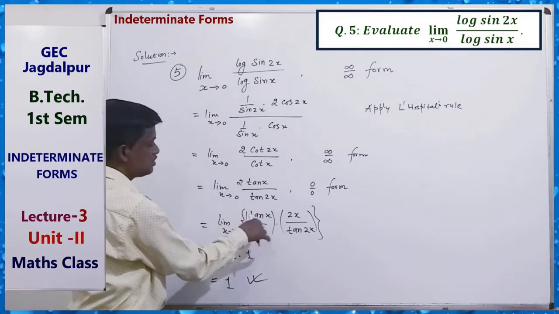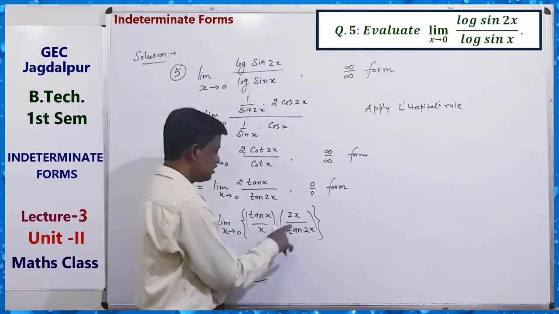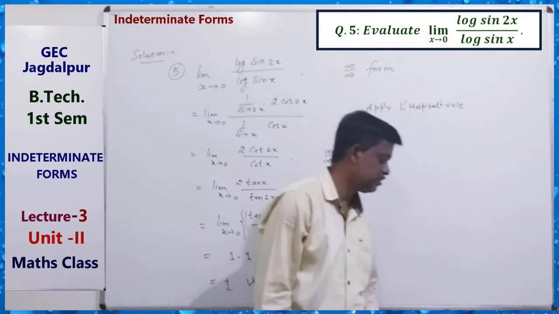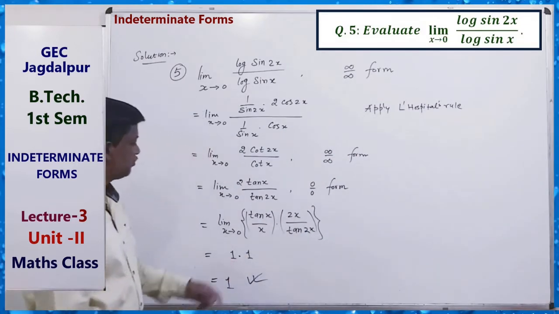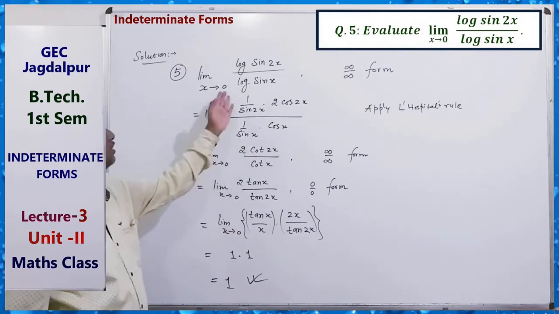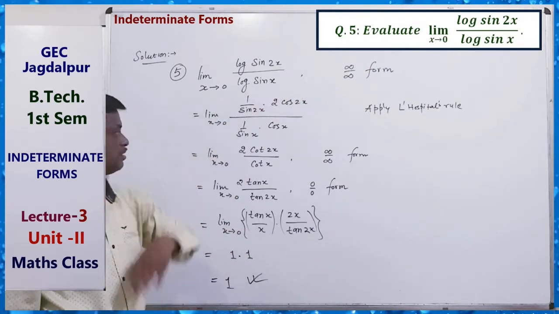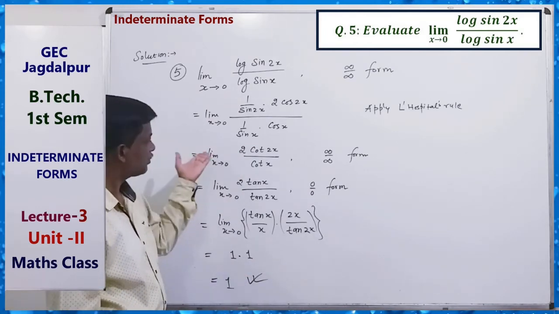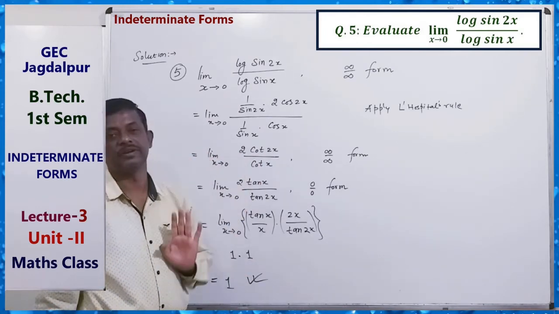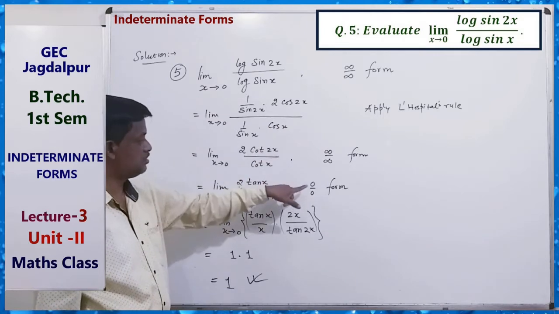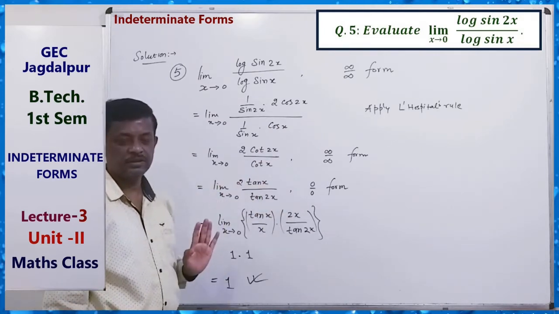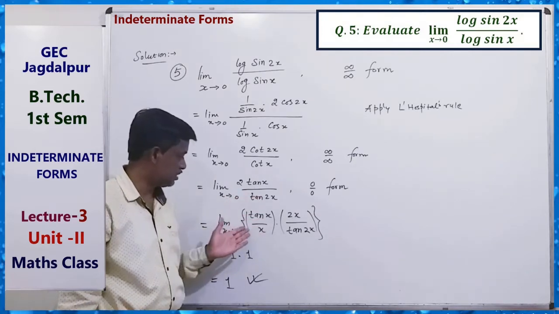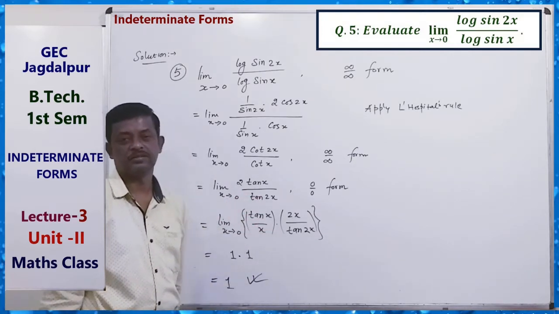Limit x tending to 0, this is 1, and this is also 1. So the value is 1. So this is the value of the indeterminate form. First of all it is the infinity by infinity form. Just apply L'Hospital's rule, and then we see that this is also infinity by infinity form. Convert it to the 0 by 0 form by writing 1 by f(x), 1 by g(x). Now tan 2x, tan x, so we can adjust like this, that is 1.